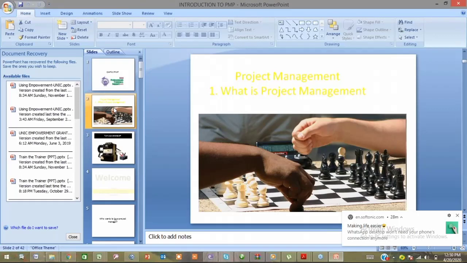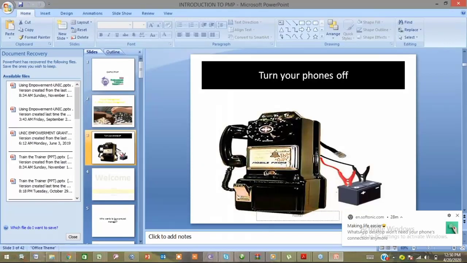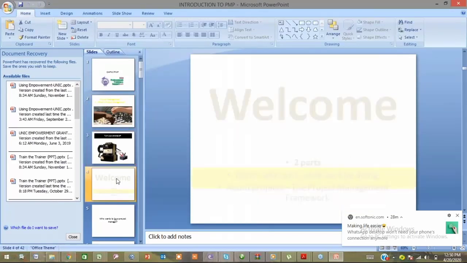Project management: we have to start by defining project management itself. What is project management? It's very important we define what project management is, and why we need this course. Why are we taking this course?